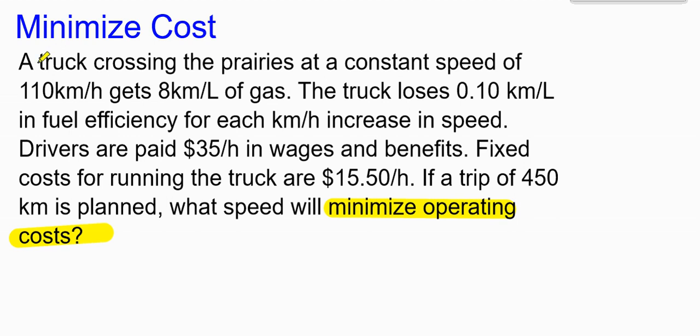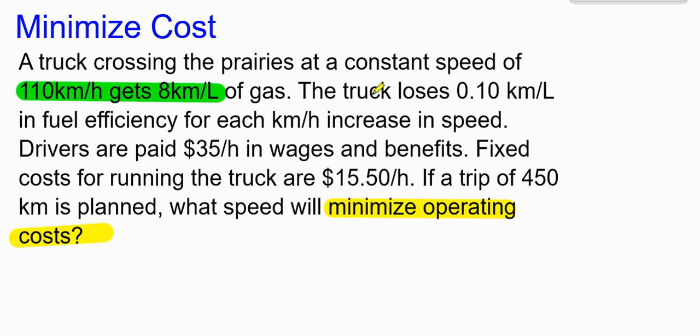So let's start again. A truck crossing the prairies at a constant speed of 110 kilometers per hour gets 8 kilometers per liter of gas. This information pertains to how much gas this truck is using as we're driving. Every 8 kilometers, the truck is using 1 liter, and that exists only at the speed 110 kilometers per hour.